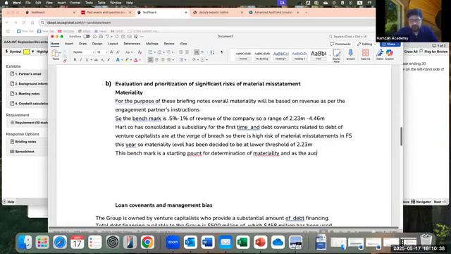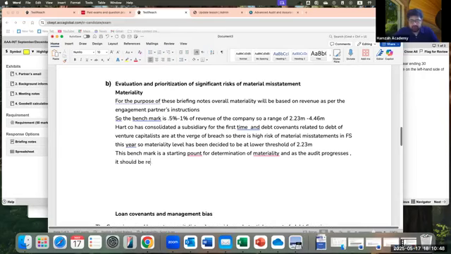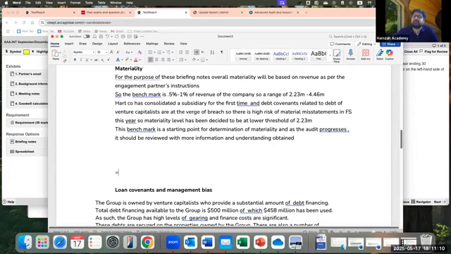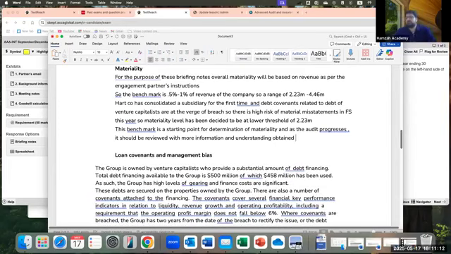And as the audit progresses, it should be reviewed with more information and understanding obtained. Yes, done. 3 marks are done. How easy they are, you see?